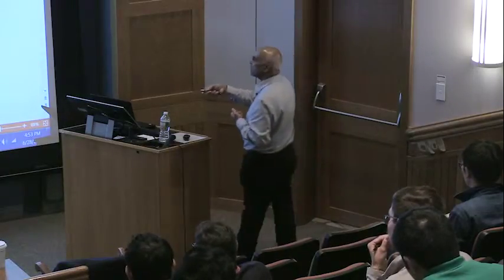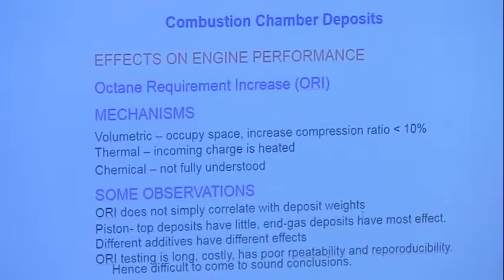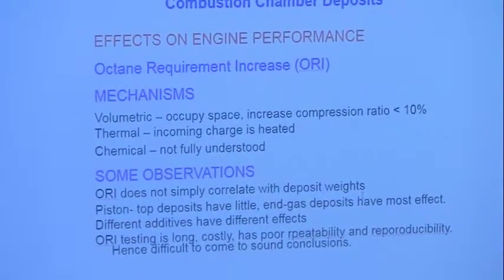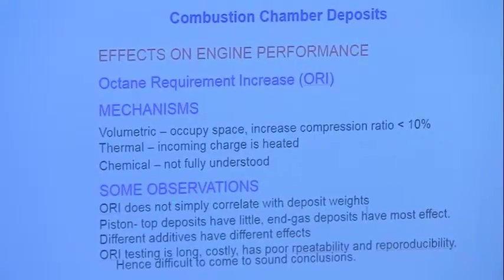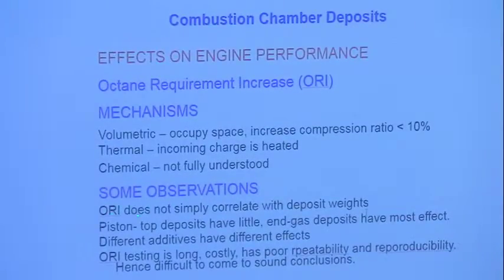There are clearly other effects, like during the era of leaded gasoline, where it was much clearer that there are chemical effects, because deposits with lead in them were suppressing knock.